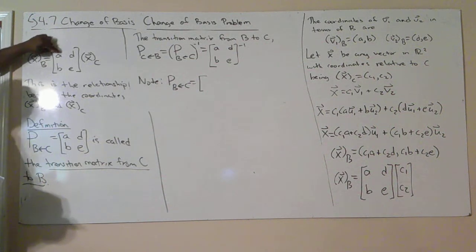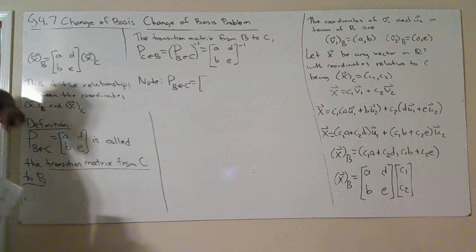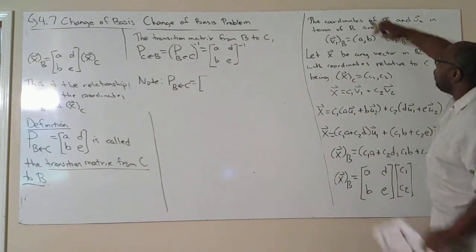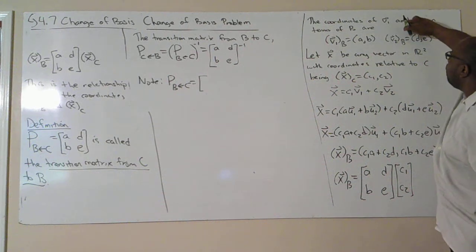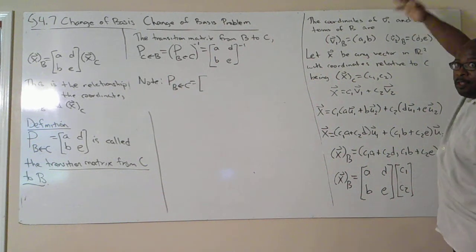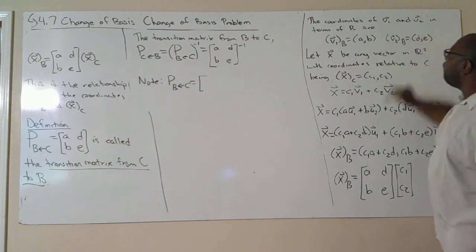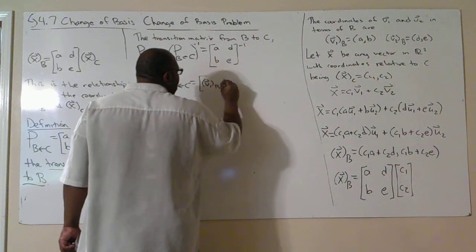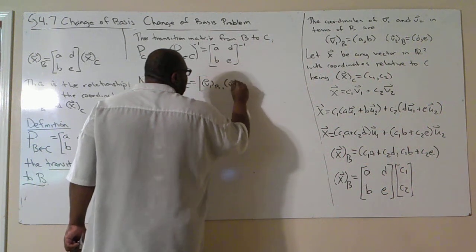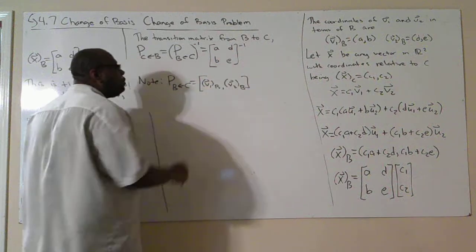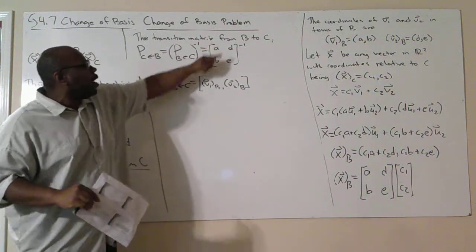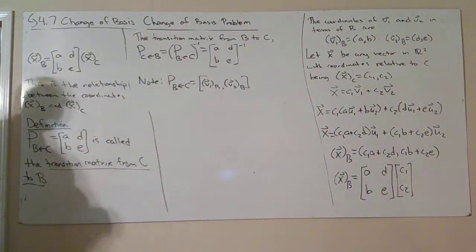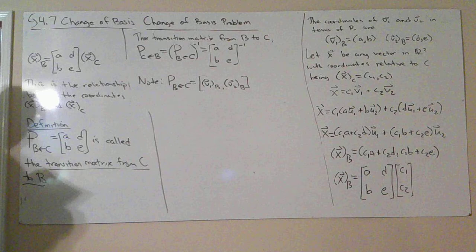This is AB and this is DE. It's essentially just the coordinates of V1 and V2 relative to B, but going vertically down. So I'm going to have the coordinates of V1 relative to B, comma, the coordinates of V2 relative to B, going down. So the transition matrix is always going to be that way.